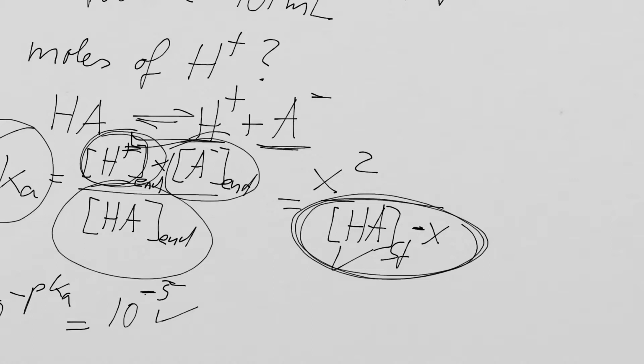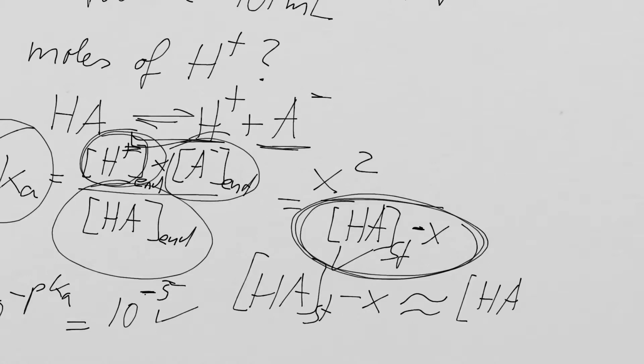So if the acid is very weak, we can write HA at the start minus X is probably very close to HA at the start, because this X is only so small. Let's say we have 1,000 molecules of HA at the start. Only one molecule dissociates.